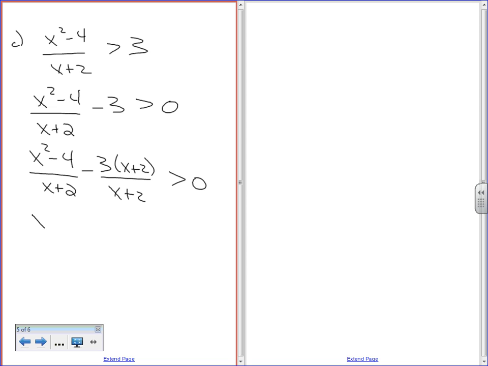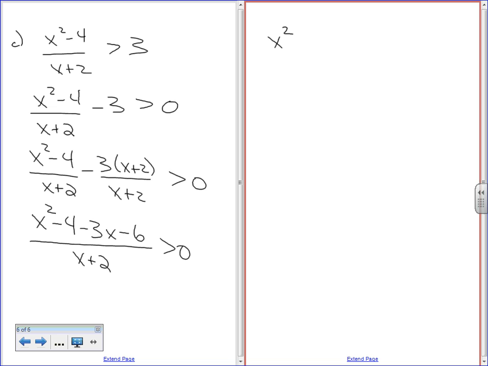Distributing through, I get x squared minus 4 minus 3x minus 6 all over x plus 2. Collecting like terms, I get x squared minus 3x minus 10 all over x plus 2.